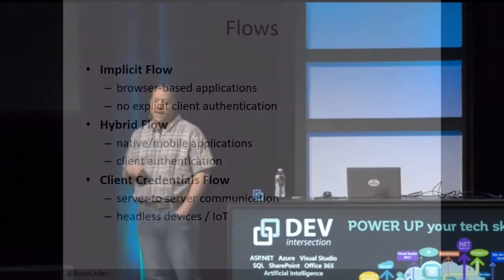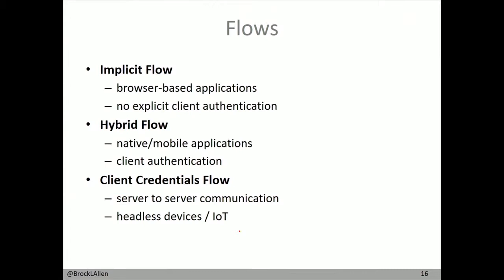And the different flows are basically just different mechanics on how you deliver results to the client application based on the nature of the client application. So in other words, if the client application is running server-side on a web app, it's going to have to communicate with the token server differently than if you're running on a native and a mobile environment, for example. Okay, so it's just mainly mechanics of the protocol. But the protocol supports these different scenarios. So we're going to talk about these as we go along.